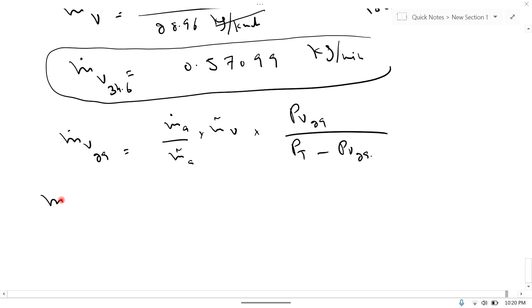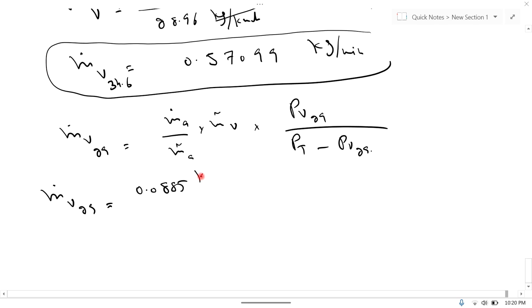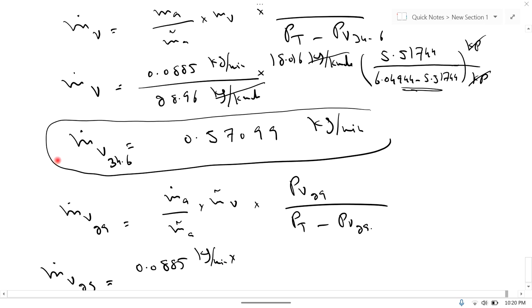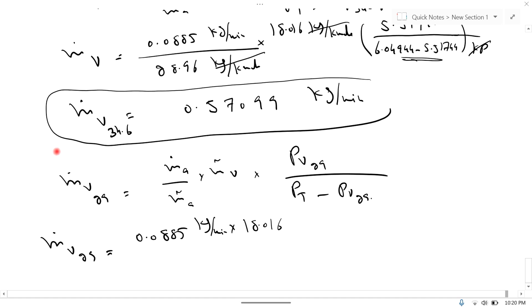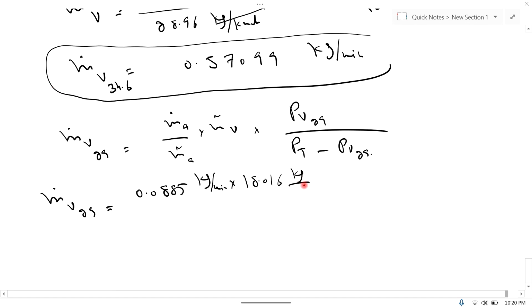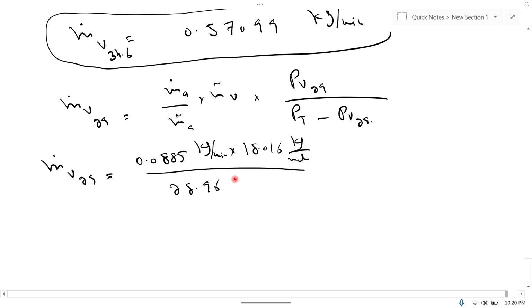Now we are putting values here. M dot of air is 0.0885 kilogram per minute. Molar mass of vapor is 18.016 kilogram per kilomole, divided by molar mass of air, 28.96 kilogram per kilomole.